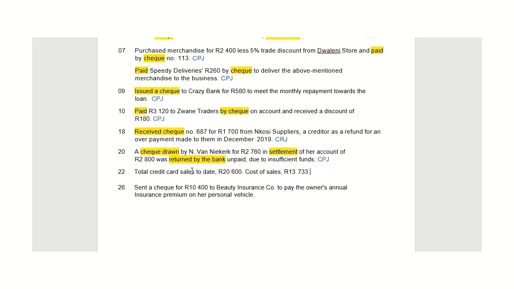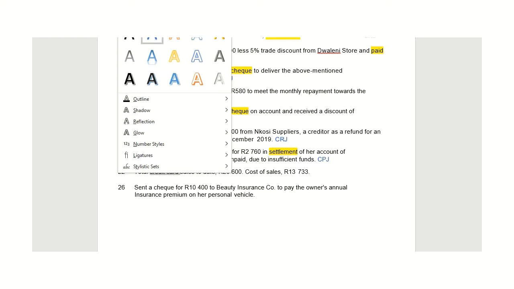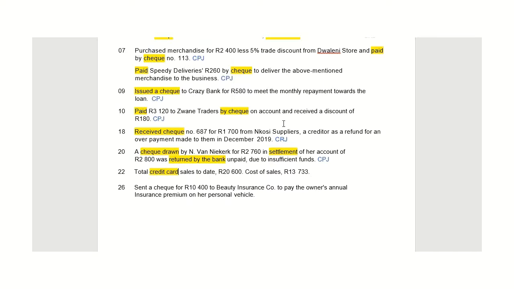Total credit card sales. Remember, credit card doesn't mean it's credit sales. Credit card equals cash. So credit card sales equals cash sales. It's the same thing. It is the bank that must recover the money. For us, it is the same as cash sales.